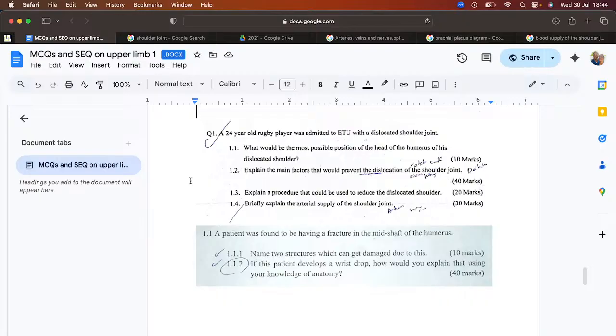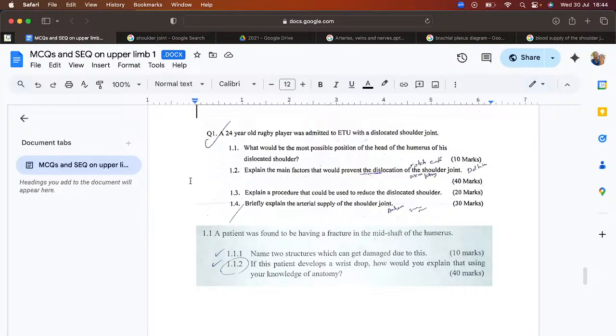Because what the questions ask in SEQs are also the same questions they will be asking for Viva. There is always an overlap, and what you study for SEQs will also be assessed in MCQs. So when you're studying for the SEQs, you're learning for everything.